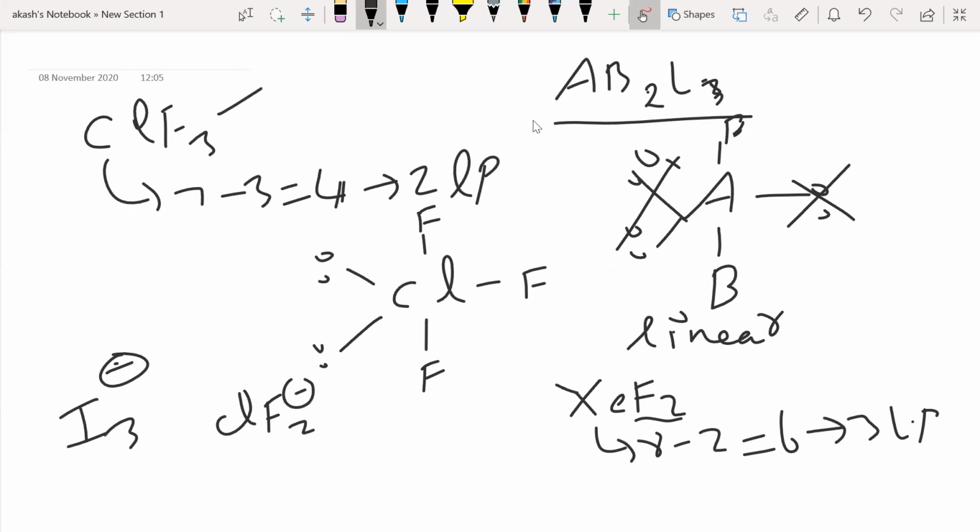Okay, now let me ask you this. This ClF3, ClF2 minus, what are these called in general? Hope you have finished your P block. If you have finished your P block, you'll be able to answer this question. I3 minus is not under that category, right? But ClF3 and ClF2 minus, ClF5, ClF7, IBr3.